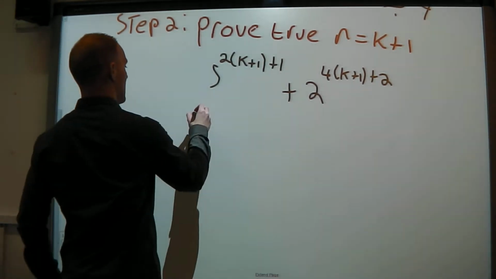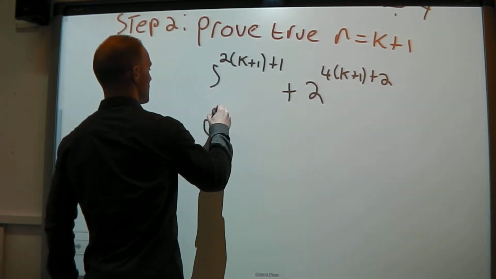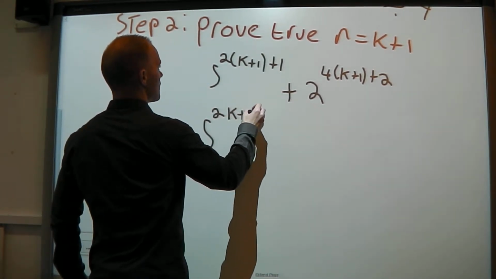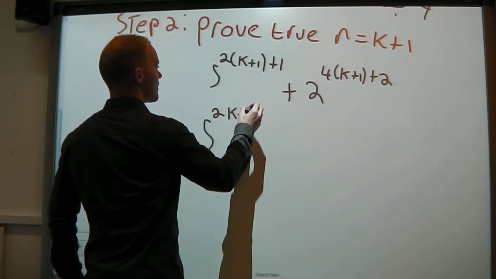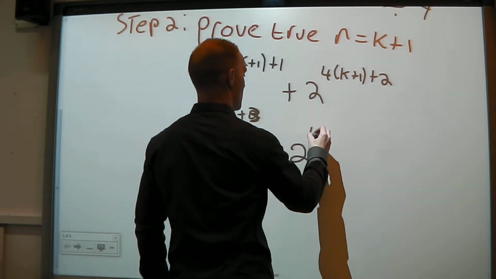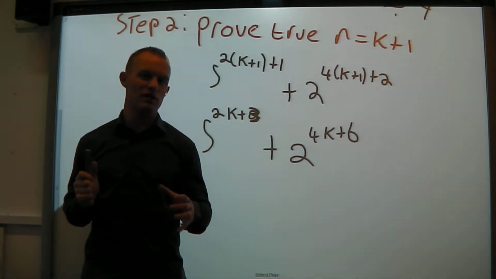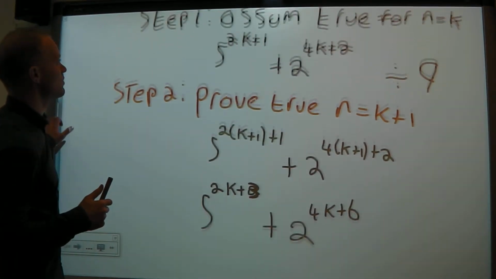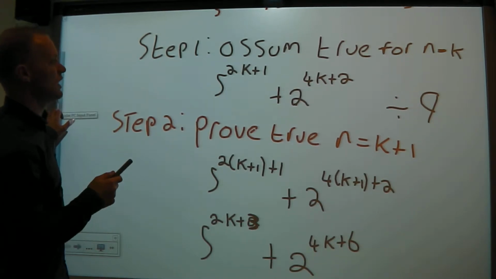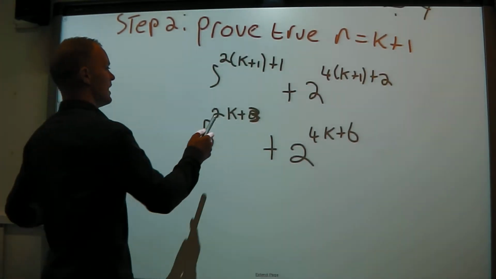So we rewrite this as 5 to the power of 2k plus 2, sorry, plus 3, and that is plus 2 to the power of 4k plus 6. Now remember, when we're doing these, we're always going to get back to the original equation. And that original equation was 5 to the power of 2k plus 1 plus 2 to the power of 4k plus 2. So we want 2k plus 1 here.